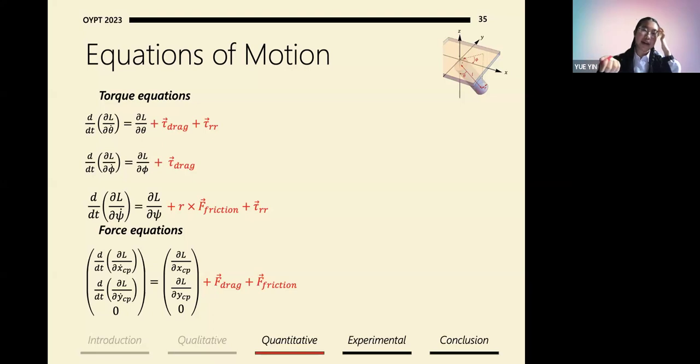It's not going to come out from your potential energy terms. I can be here and I can be here, but how much drag force I am experiencing depends on how I'm moving and not where I am. So that is why it cannot come out from the potential energy terms and why you would have to incorporate it.